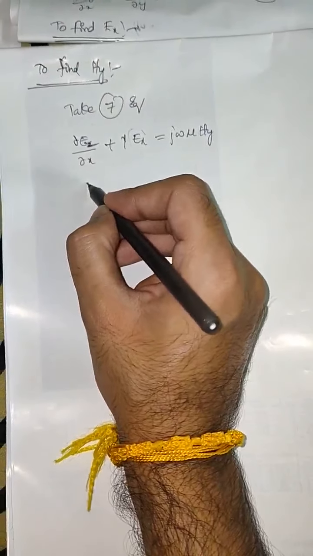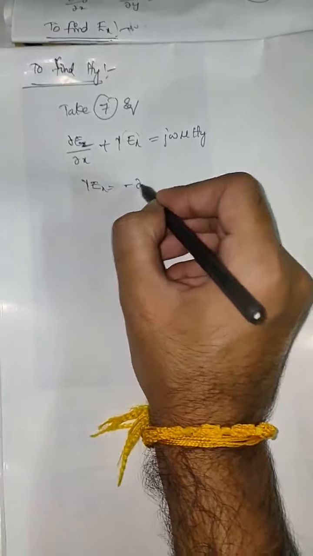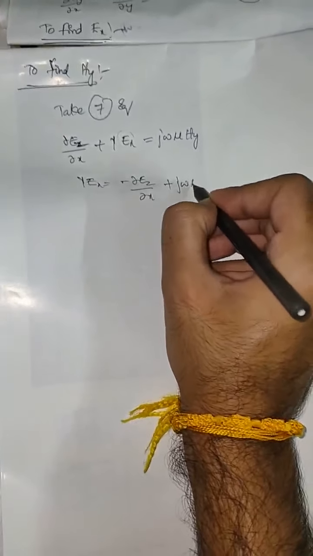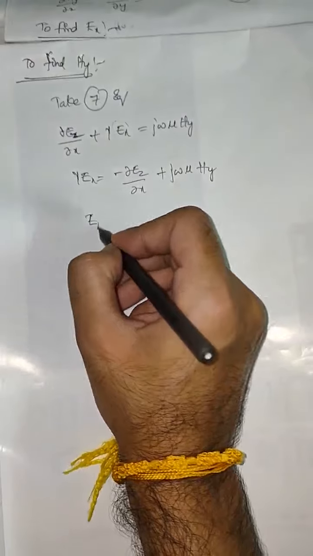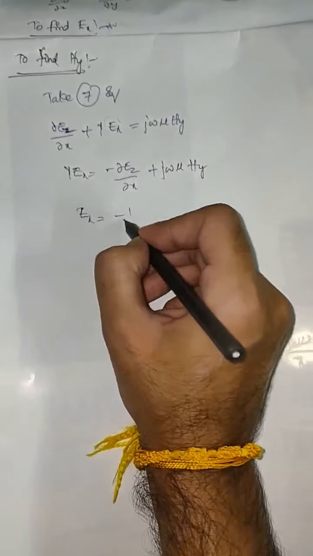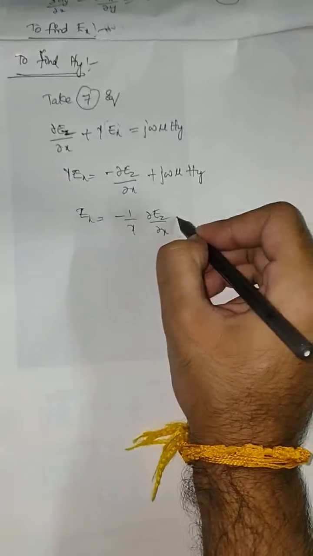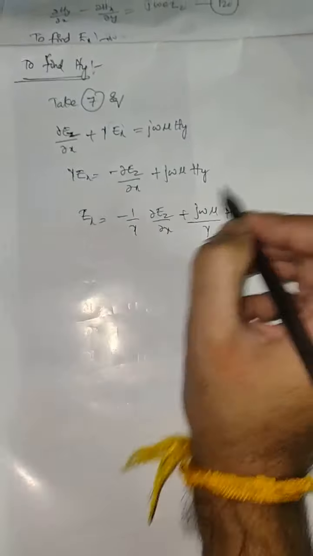For that, γEx is equal to minus ∂Ez/∂x plus jωμHy. So Ex is equal to minus 1/γ ∂Ez/∂x plus jωμ/γ Hy.